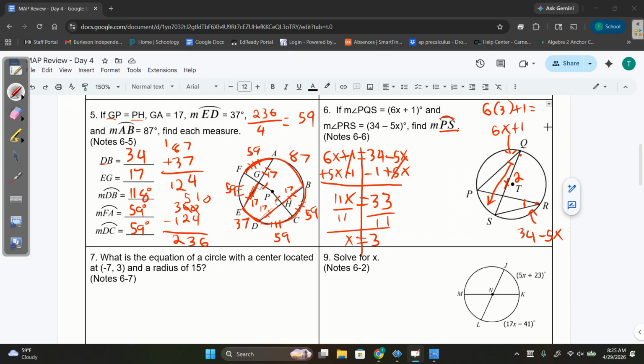That's 18 plus 1 is 19. So the angle here is 19 degrees. To get the arc, I need to multiply the angle by 2. So 19 times 2 is 38. So 38 is my final answer. That's the measure of arc PS.